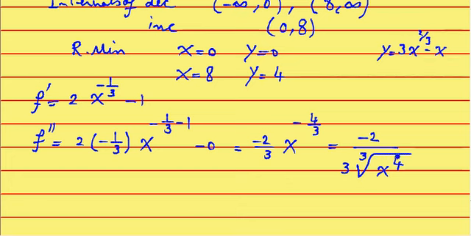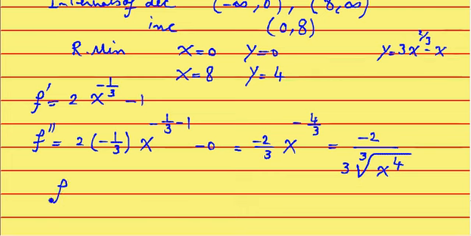Well, maybe we can be quick here. x to the power of 4 is always what? Is always positive. So this second derivative is always negative wherever it is defined.